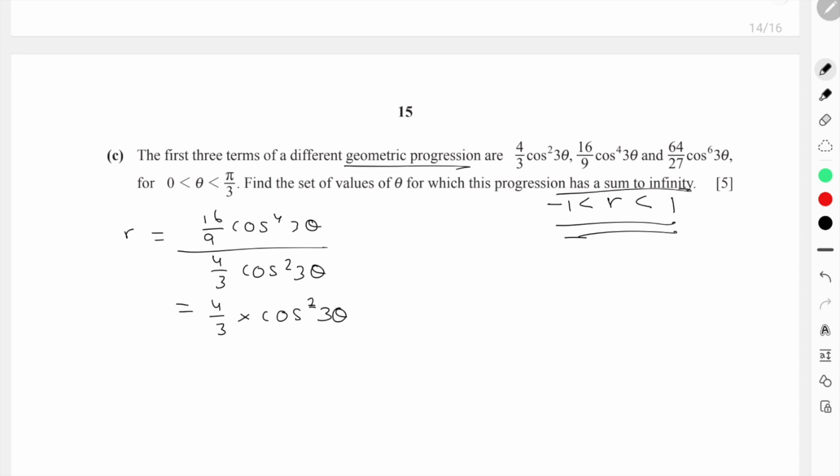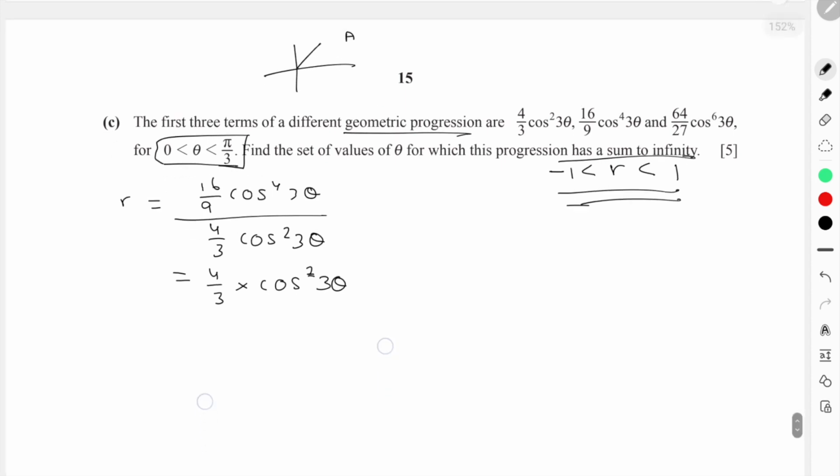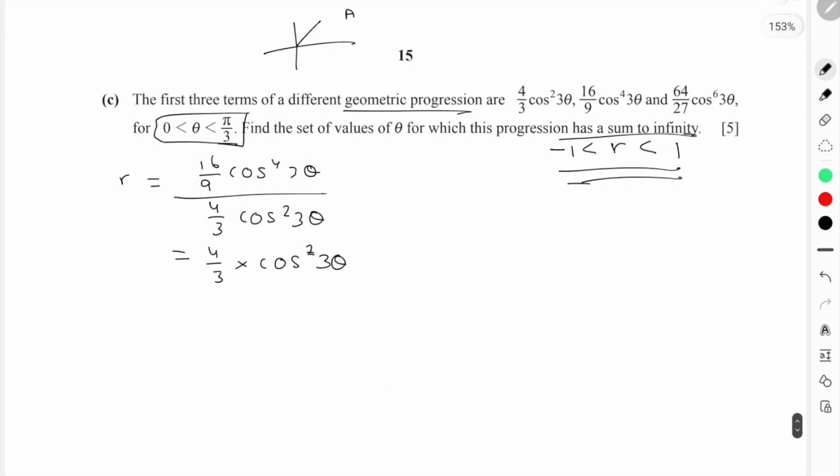But as you can see, the range is this, that's basically 60 degrees, and you know that cos squared is only going to be positive. So what we're essentially doing is 4 by 3 cos squared 3 theta is going to be less than 1 and greater than 0. So that's what we're doing.